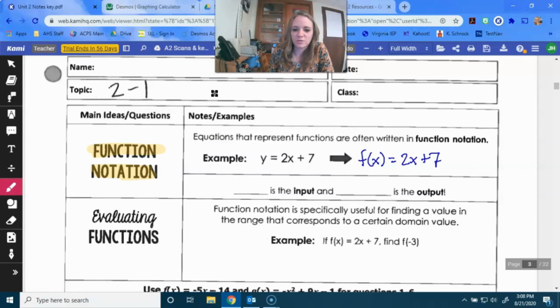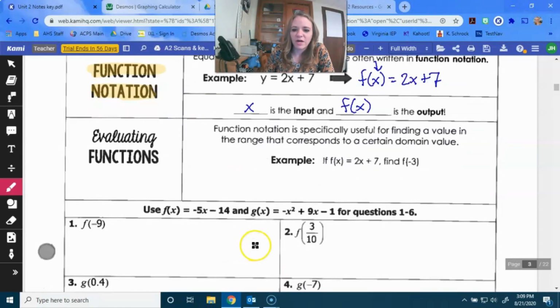Where the input is what's going in the function. So here what's going in is anything here. That's my input. So my x's are the input. And the f of x is the output, or the y. It's the same thing.